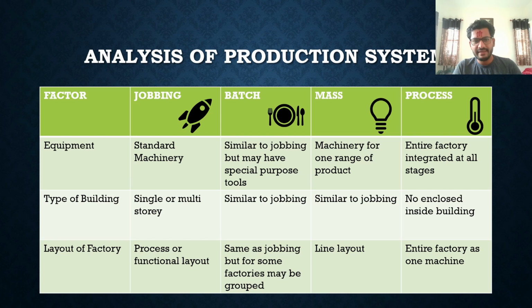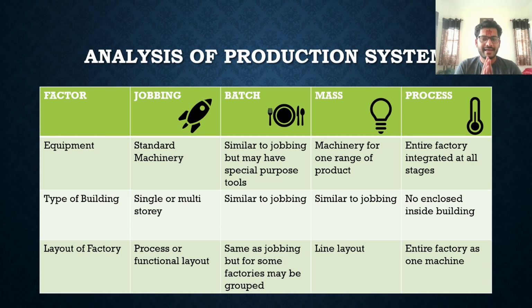Talking about the type of the building, okay. For jobbing you need a single or multi-story building. Mostly you'll need a single story because you cannot put anything on the multi unless it is something like a warehouse. Batching is similar to jobbing, and masses is again similar to jobbing.